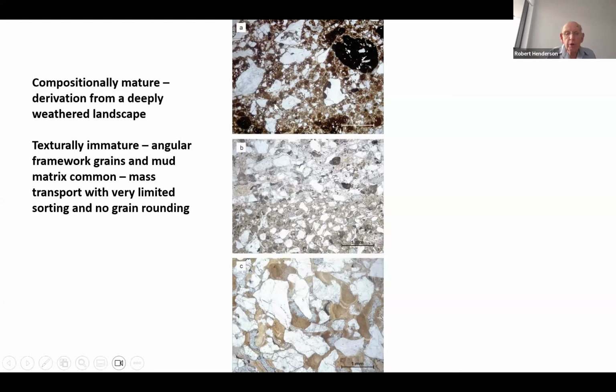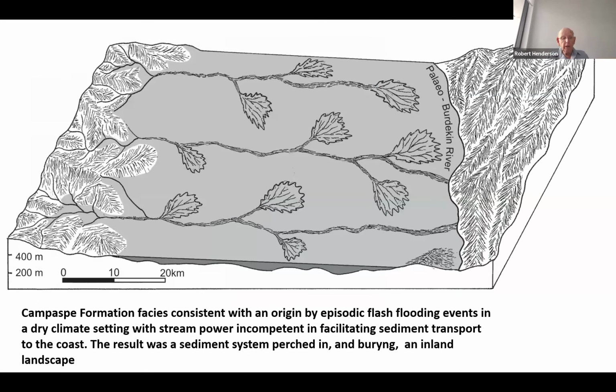So, what can we conclude from this? Well, we can conclude that the Campaspe was a product of mass transport and very limited sorting and no grain rounding. So it's a very immature fluvial sediment system.